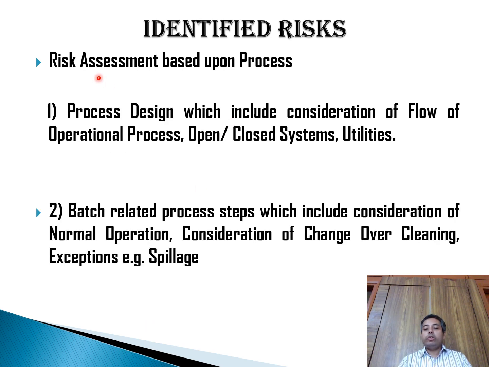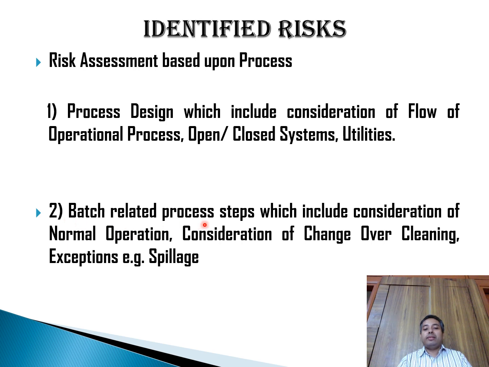We also need to consider risks associated with the processes to be implemented in the new facility to be built. The first risk which can be considered is risks related to design of process, which include consideration of flow of operational process, whether an open system or closed system is required, and the requirement of utilities such as air, water, nitrogen.